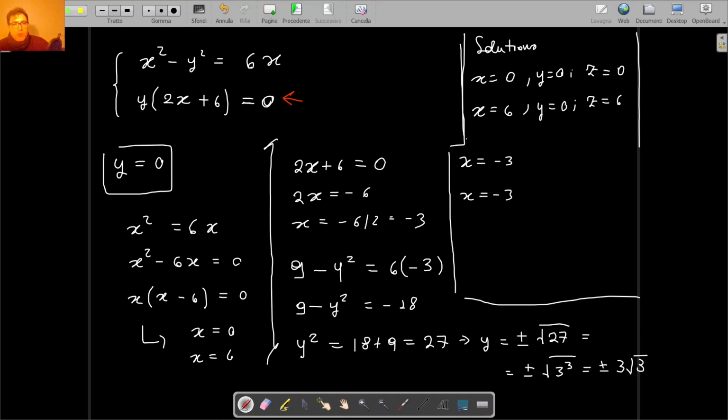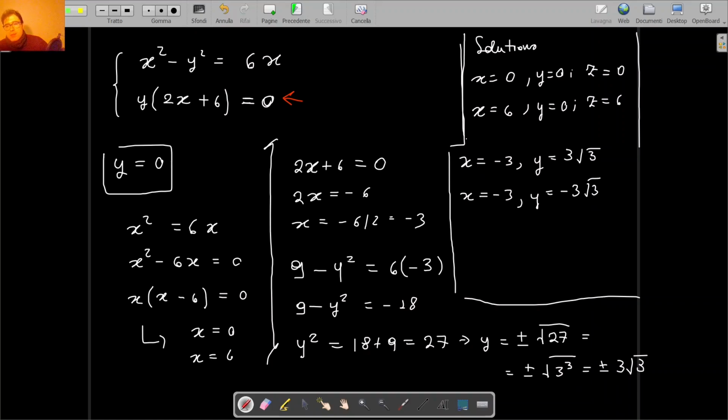So we have two solutions because they are associated with a second order equation, and we have y equal to 3 square root of 3, and the other one is y equal to minus 3 square root of 3.